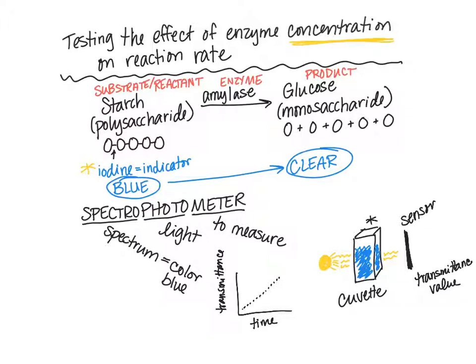So we're actually going to look at 0% amylase, which is just water, and then we're also going to look at 0.25%, 0.5%, 1%, and 2%. And so on our graph down here, we're going to end up with multiple lines showing us the reaction rate of these different concentrations of the enzyme. And then we're going to do some analysis on that and then create a graph based on our analysis.